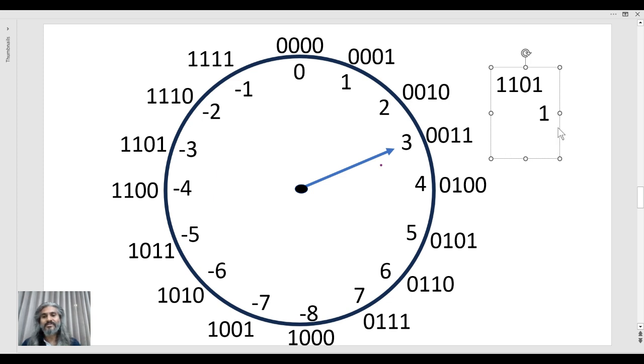We have a 0 here, then we have a carry. So we have a 0, then because we have a carry, we get a 1. The carry goes back, and thus we end up at the complement, which is this 1110.